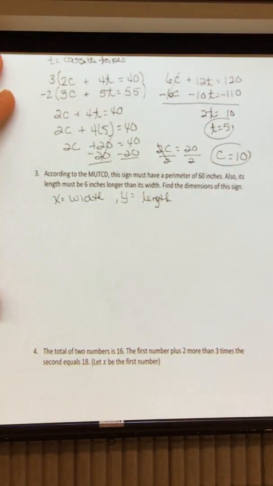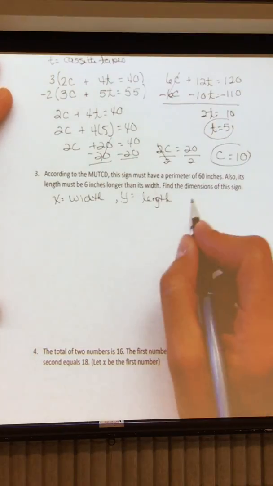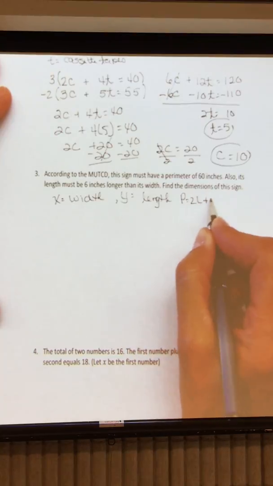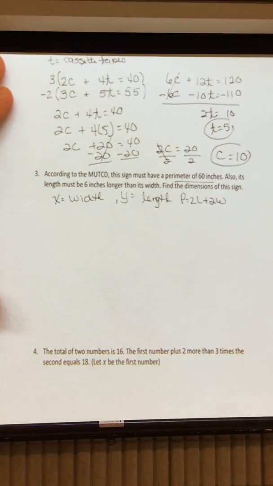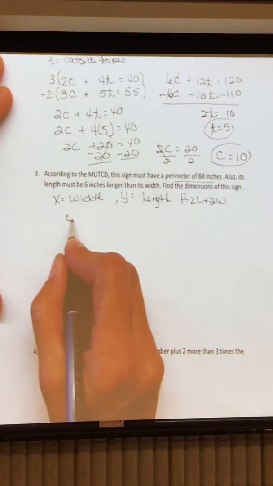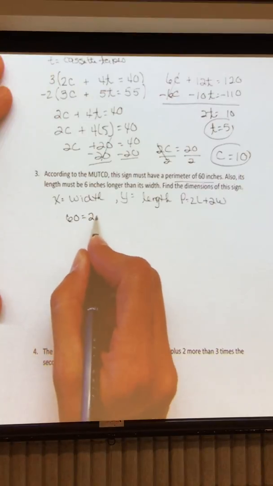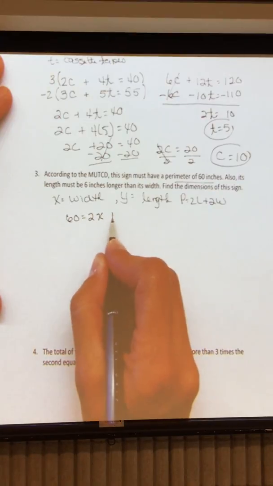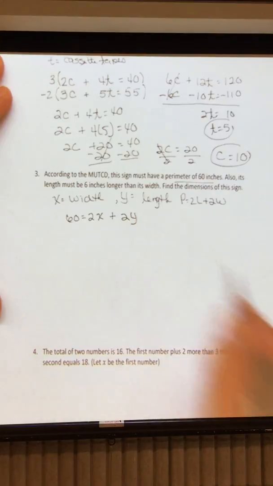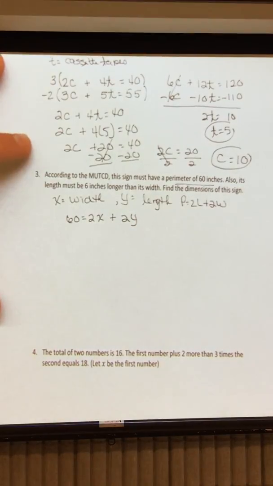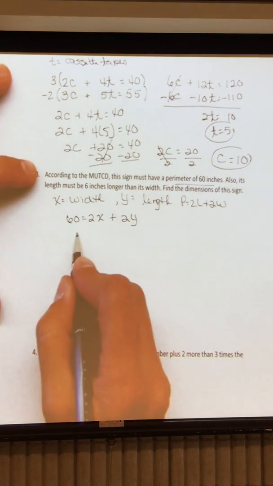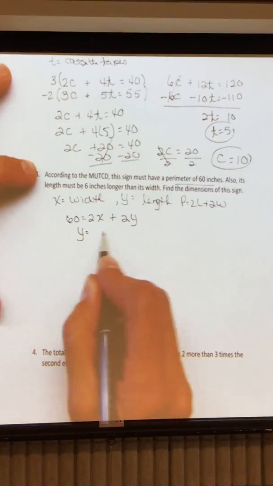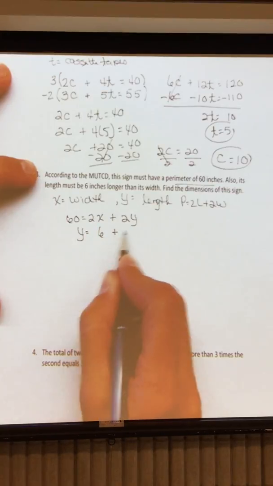We know the perimeter is equal to 2L plus 2W. So here we have the perimeter is equal to 60 inches, so 60 is equal to 2x plus 2y. And the length must be 6 inches longer than the width, so y is equal to 6 plus x.